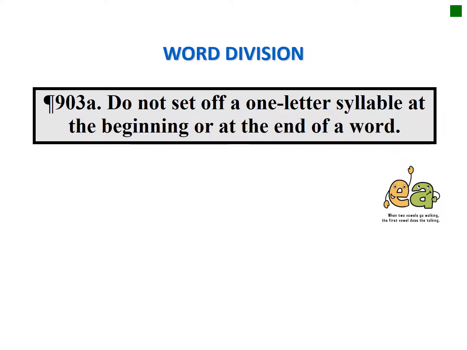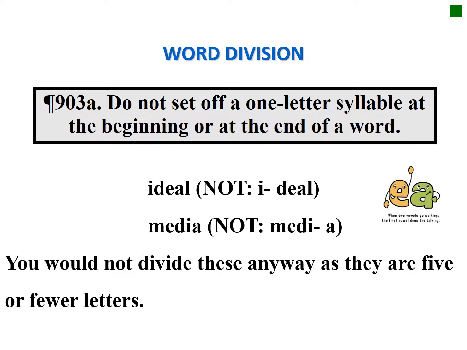Do not set off a 1-letter syllable at the beginning or at the end of a word. Examples: ideal, media. And if you look at media, you would not be saving any space because the hyphen would take up where the letter A would be.